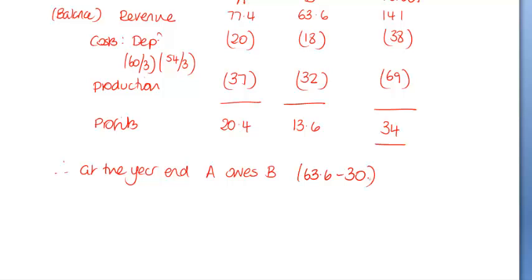It's received 30 from A. So A owes B 33.6. So A will have a payable and B will have a receivable for that sum of money.